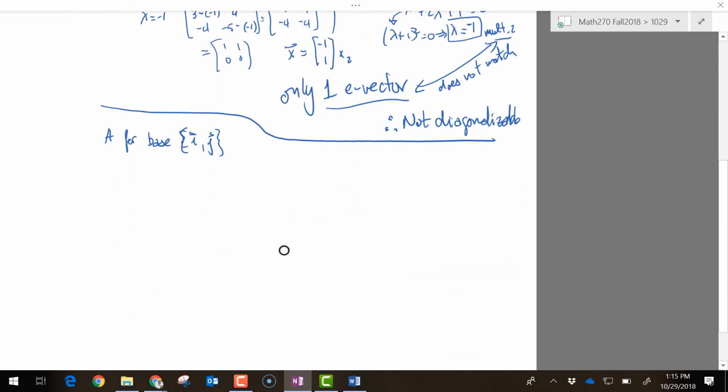So our transformation of (x1, x2) is going to be 3x1 + 4x2, -4x1 - 5x2. That's our transformation.